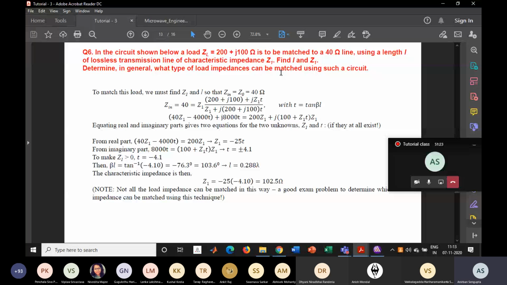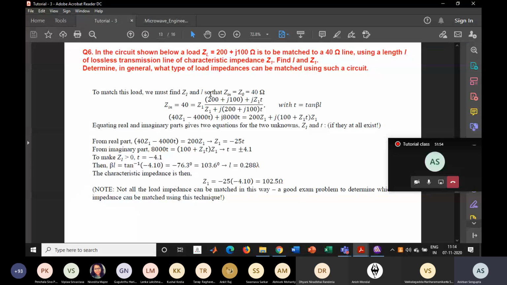So you know the telegrapher's equation. Just put the values there. To match this load, we must find Z1 and L. Zin we know is 40 ohm, as given, and the equation is Zin equals Z naught times (ZL plus j Z naught tan beta L) divided by (Z naught plus j ZL tan beta L).